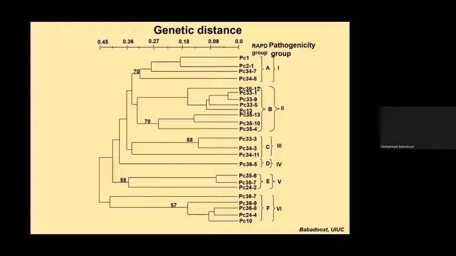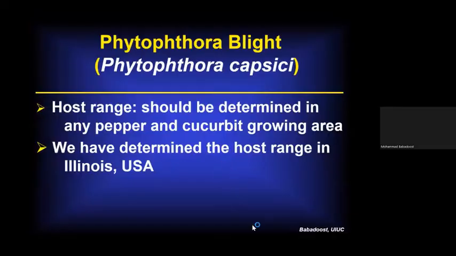So if somebody comes and tells me, okay, I do have this pepper accession or pepper cultivar, it is resistant to Phytophthora capsici, I would ask, did you test it against the isolate from Illinois? If not, it may not be resistant to the isolate from Illinois. So this is very, very important all over the world.